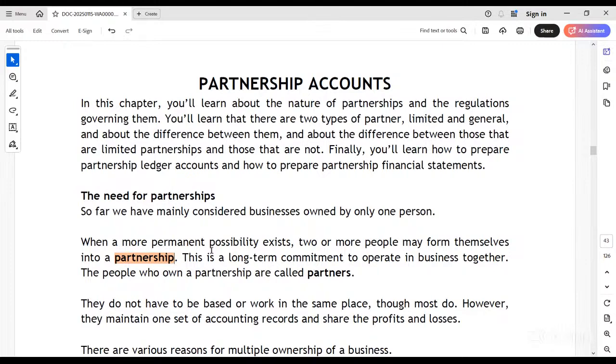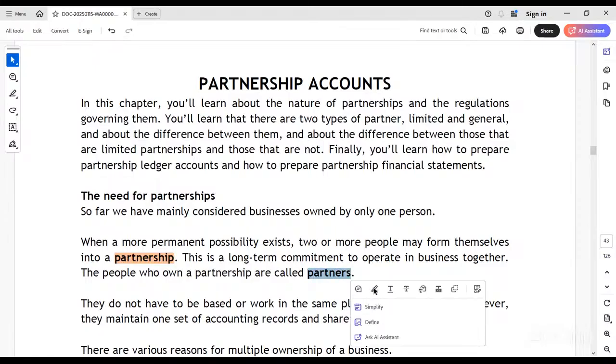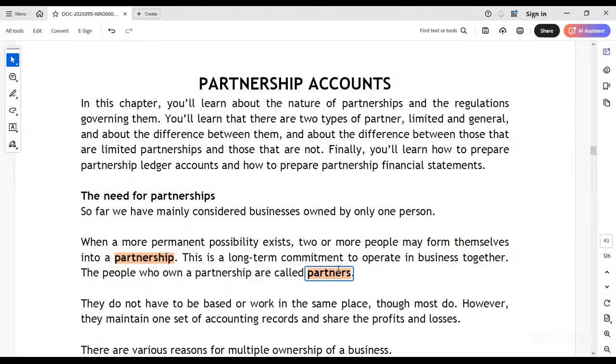Those people who own that partnership, we call them partners. They do not have to be based or work in the same place.